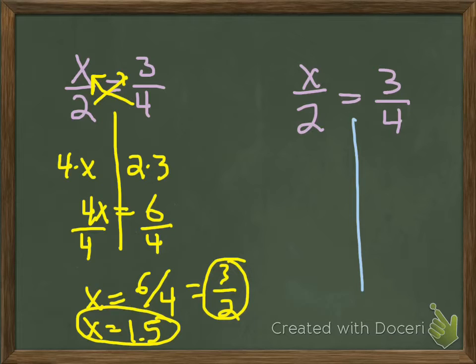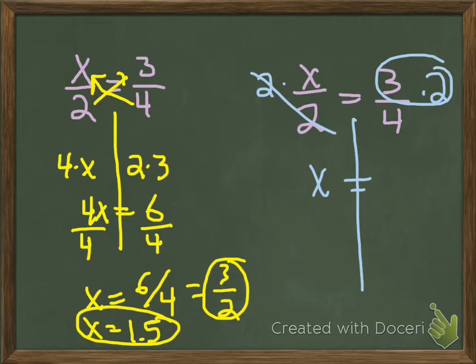You don't have to cross-multiply, because if I had decided to say, you know what, I'm going to multiply both sides by 2 to get rid of this 2 and times it over here, I would have had x all by itself by doing that, which is what I'm trying to do. And over here, I'm going to do 2 times 3 is 6, and I have over 4. And I'm already to this step that I had down here without cross-multiplying.